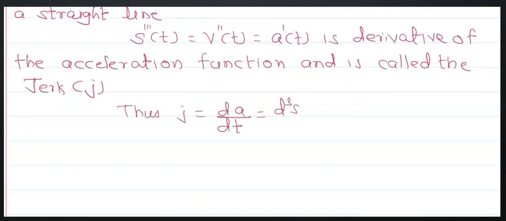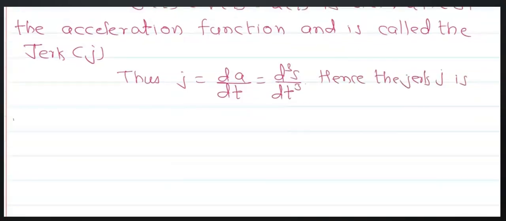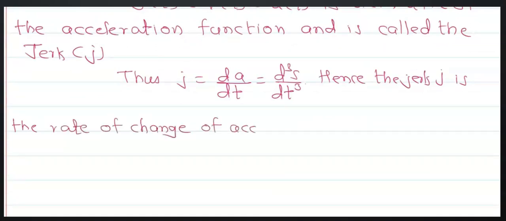Thus, J is equal to da/dt, d3s/dt cube, and hence jerk J is the rate of change of acceleration.